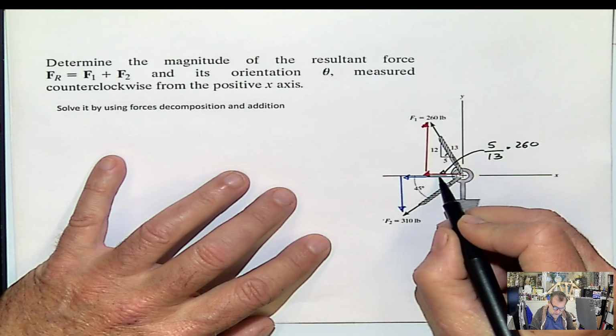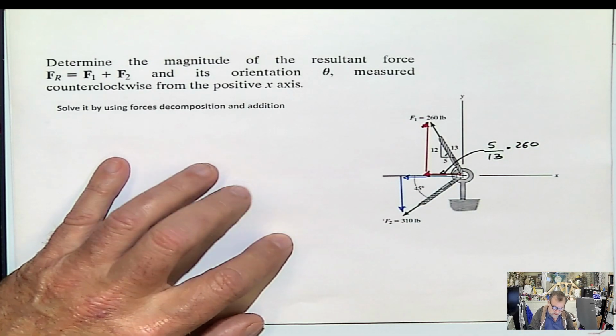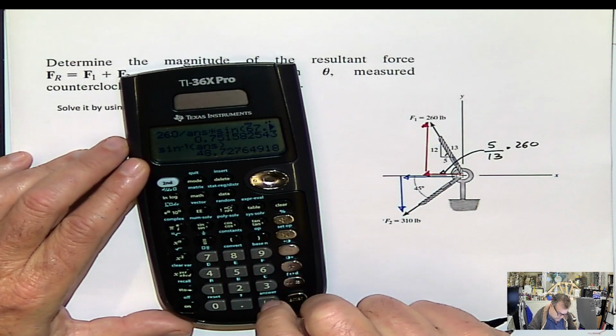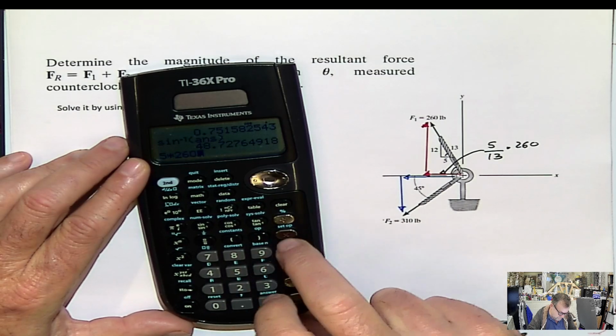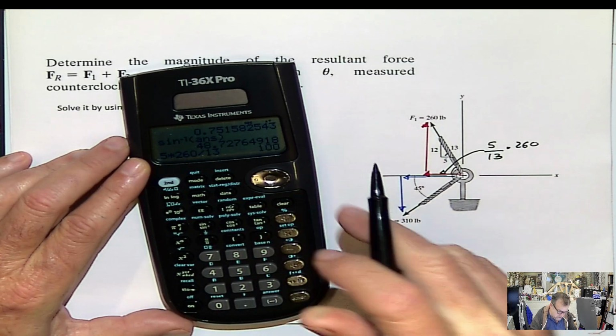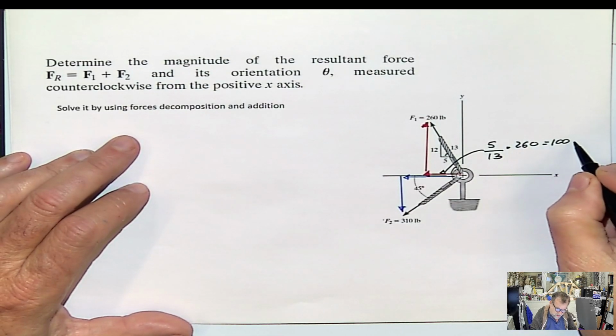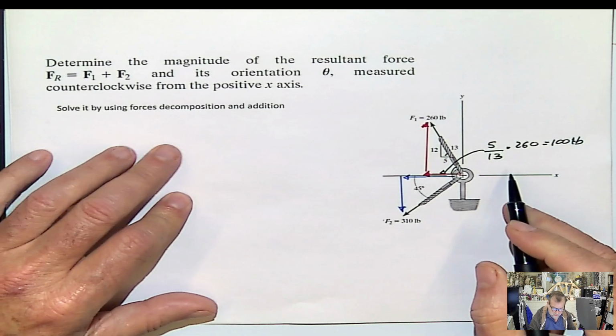That will give me the value of that component in the x direction. So this is the value of the component in the x direction, 100, and this is in pounds.